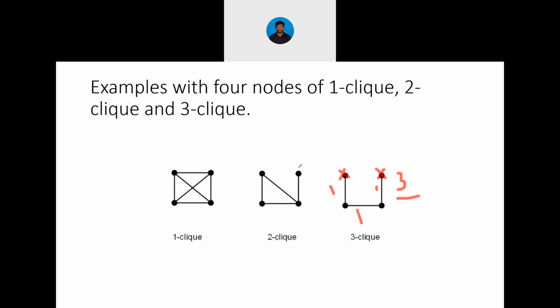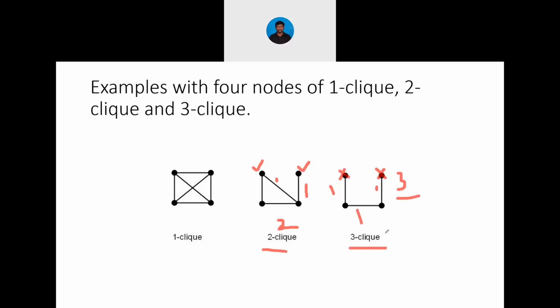From this node, to reach this other node, what will be the distance? 1 plus 1, the distance will be 2, and hence it is called a two-clique. So if a particular node needs distance 3 to reach some other node, then it is called a three-clique.